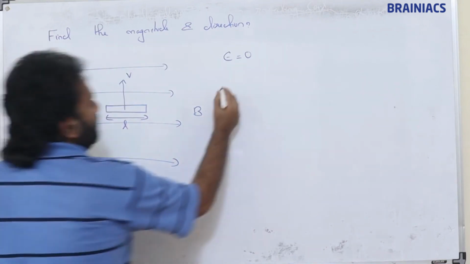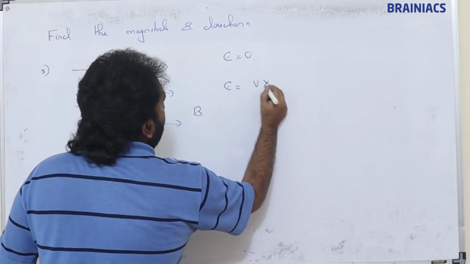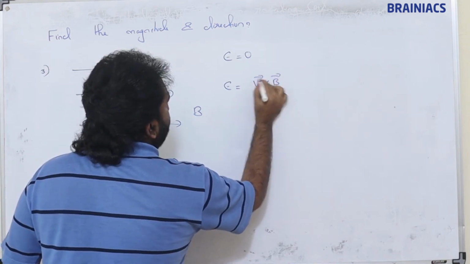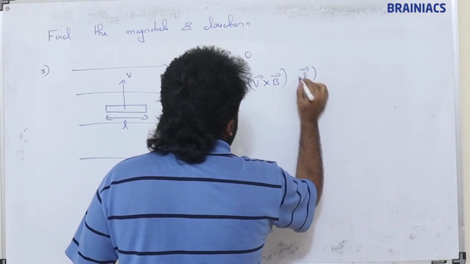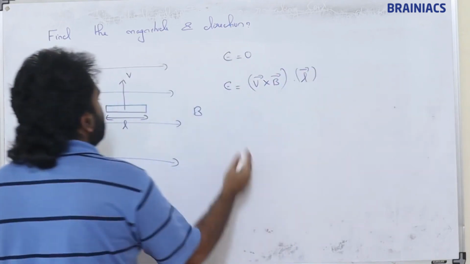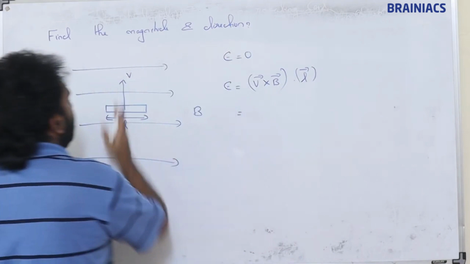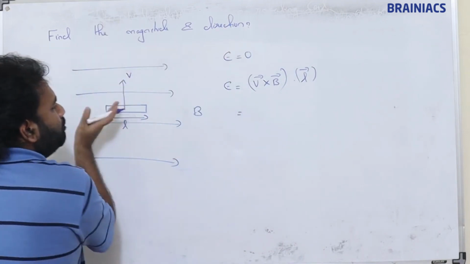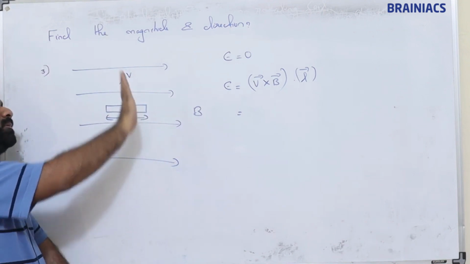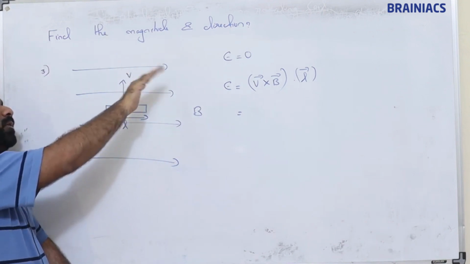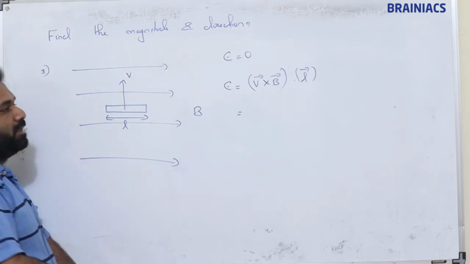But we will see. E is equal to V cross B dot L vector, right? So V upwards, B this direction. So this is the direction of V cross B. Definitely it is going inside.